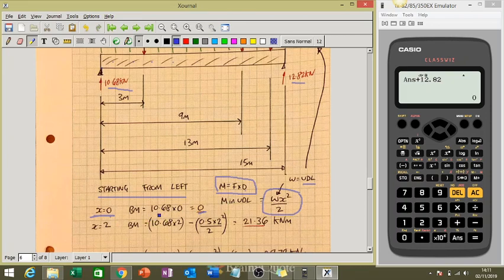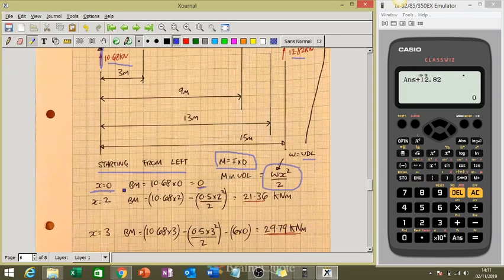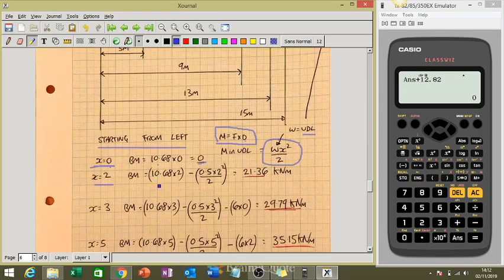So I see the force, but it's not creating a moment because it's just pushing up against 0. I've now come in 2 meters. At 2 meters, which is about here somewhere, I can see the moment due to this force going that way, and I can also see the moment produced by the UDL. So I've got 10.68 times by 2.